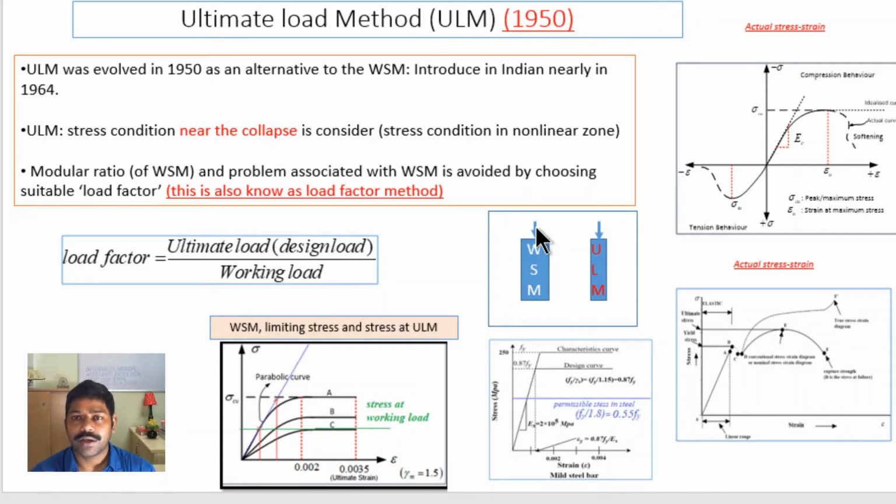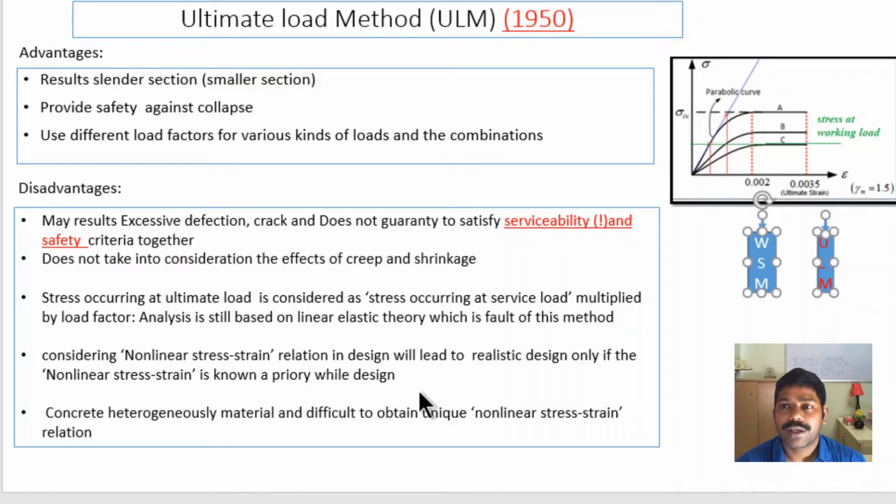This was the main idea about the ultimate load method. The main difference is that we have introduced one term, load factor, and we are allowing stress to reach near the non-linear zone or near failure. We are providing safety against collapse. The ultimate load method uses different load factors for various kinds of load and their combinations.